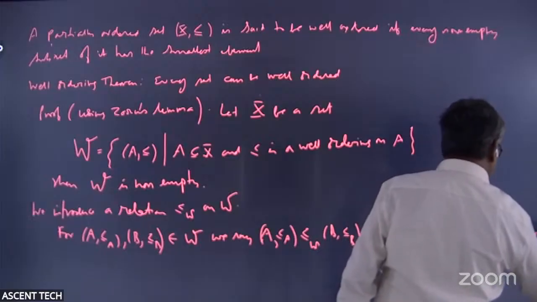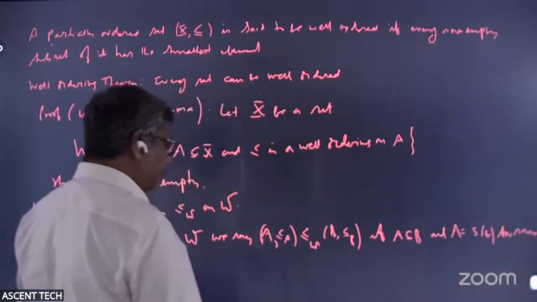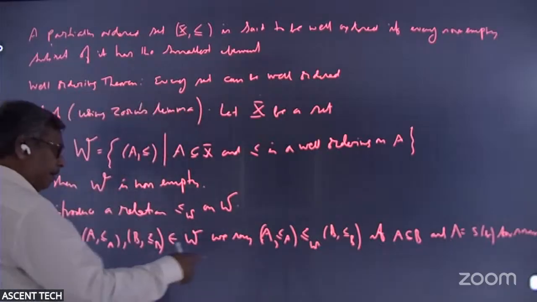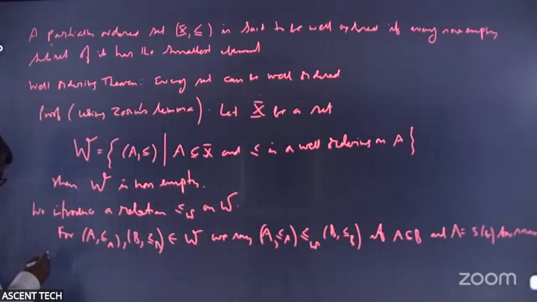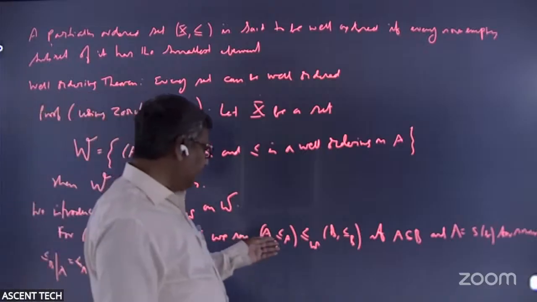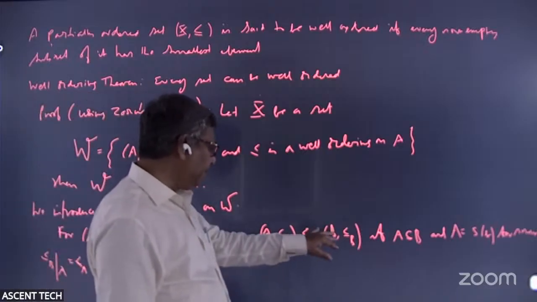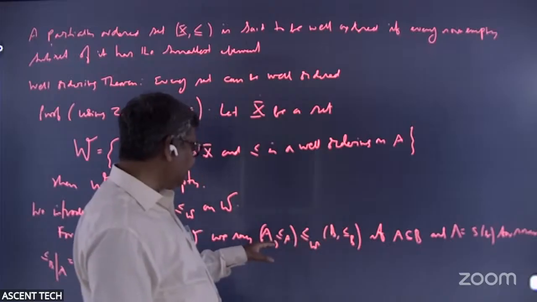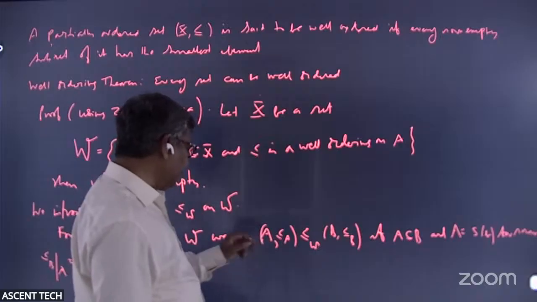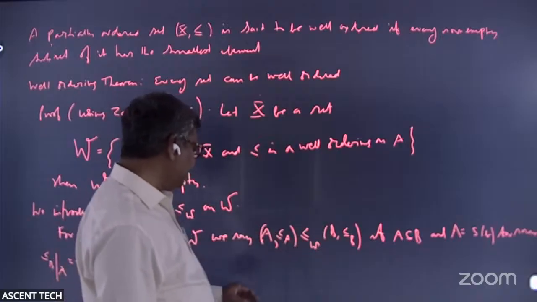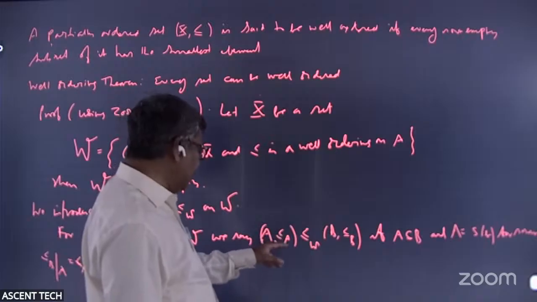That means the inequality on B restricted to A is the inequality in A. So I have the same inequality as that of A for the members of A in B. If I take two elements A1 and A2 in A, they are actually in B. What do you mean by A1 is less than or equal to A2?